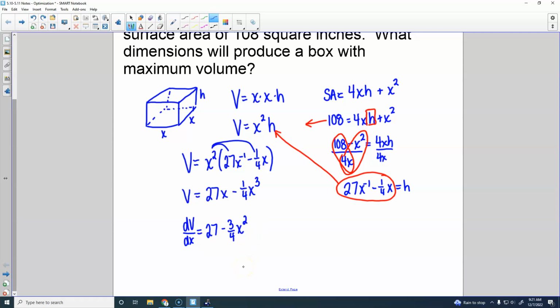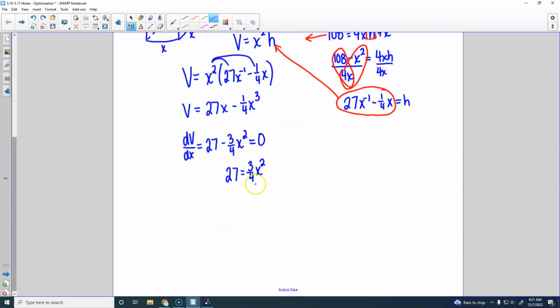And so when we're finding maximums and minimums, we're going to take our derivative and set it equal to 0 to find critical points. So in this case, if I move this stuff over, I've got 27 equals positive 3/4 x squared. How do I get rid of that 3/4? Multiply by 4/3.